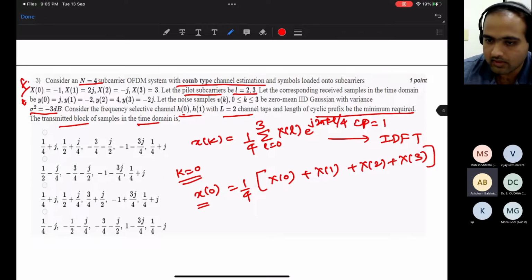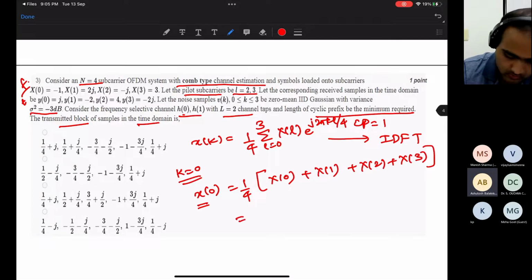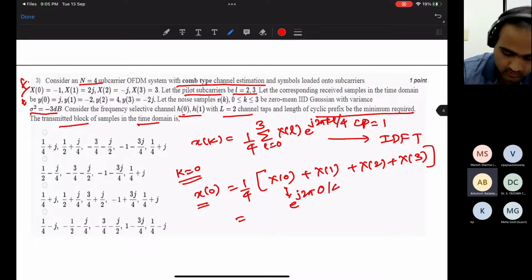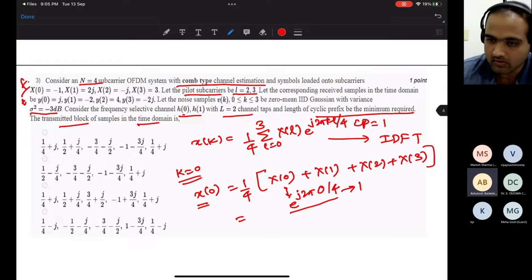If anyone has any doubt, just feel free to ask. Okay, so how did this come? This is because e to the power j 2 pi k times L is 0, right? Since k is 0, k into L is again 0 and by 4. So this entire exponent term is 1, e to the power 0 is 1, and that is why we only have x0 plus x1 plus x2 plus x3.